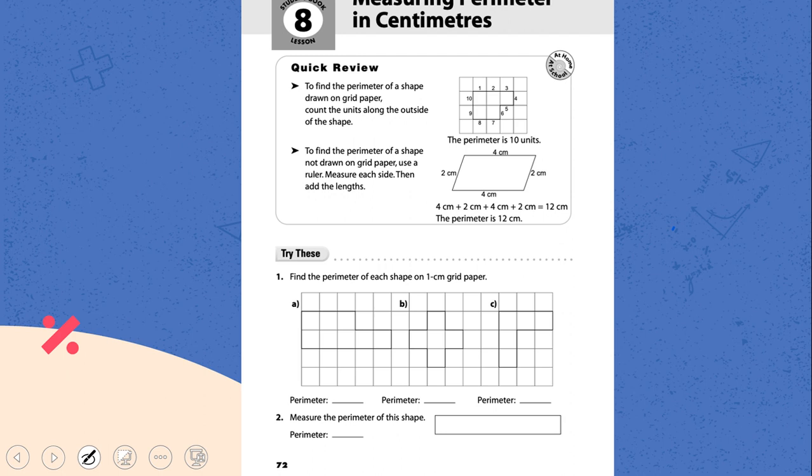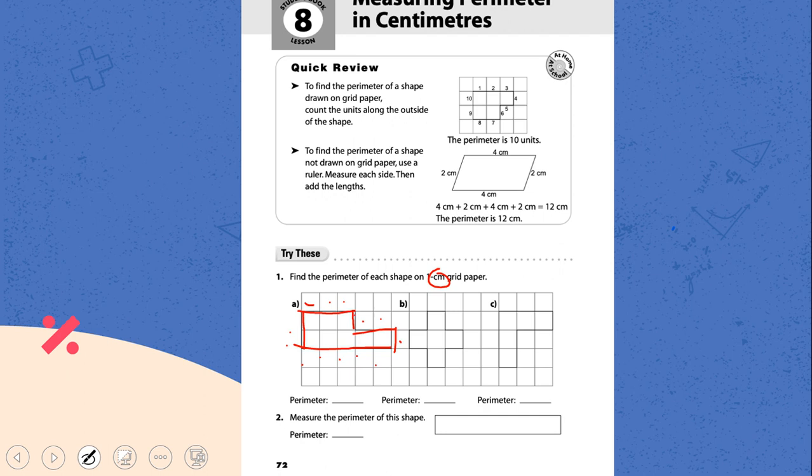Now, like I said, you have your shape. So this is your shape, and it's a little bit clearer in your book, I hope. So all you're going to do, remember, this is centimeters, so you're just going to count the squares. So we have 1, 2, 3, 4, okay, 5, 6, 7, 8, 9, 10, 11, 12, 13.